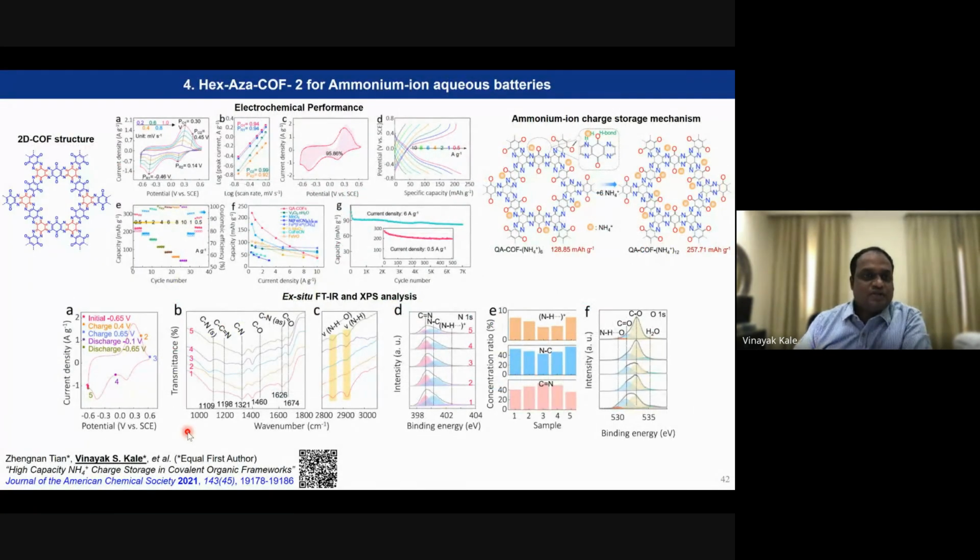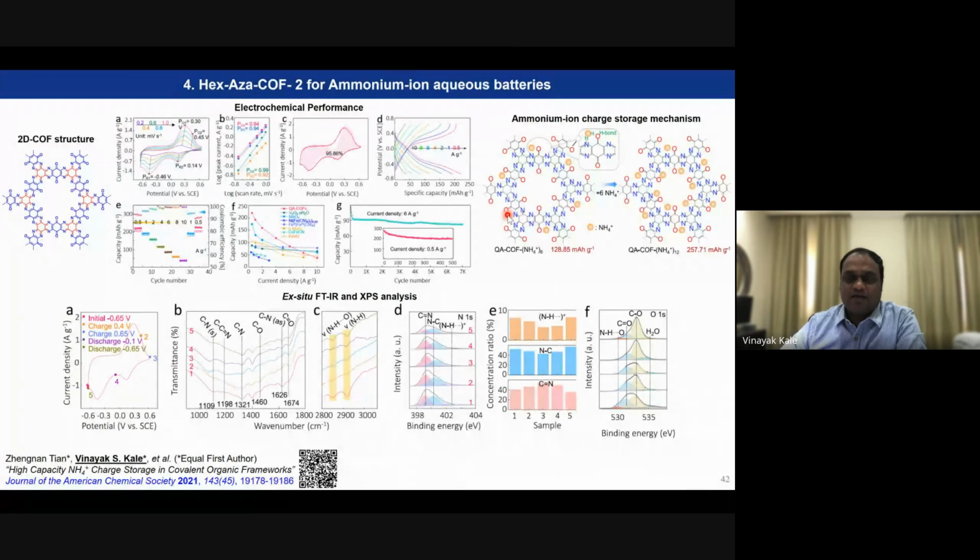So coming back to this quinone containing COF, my interest was to check with other aqueous batteries except the one which we used as a zinc. Now again, I used this COF for the aqueous ammonium ion battery. In this work also, we demonstrated successfully that the ammonium ion can interact with this quinone and nitrogen molecule through the formation of hydrogen bond.